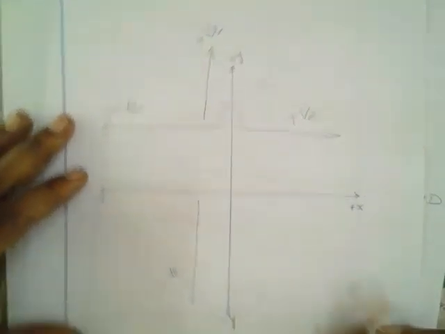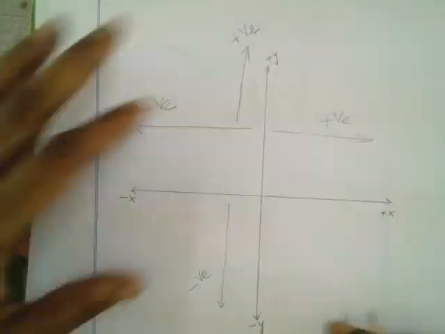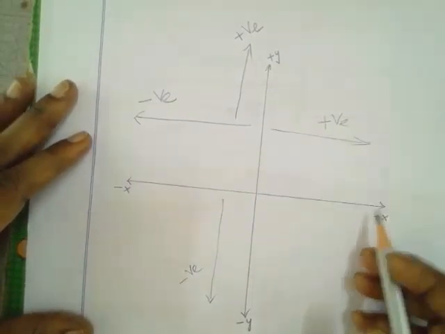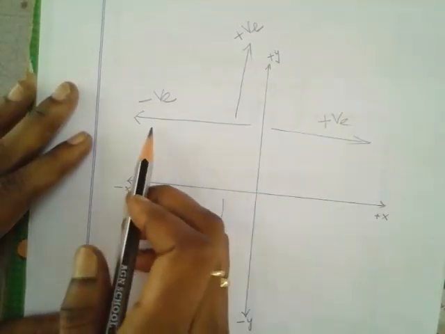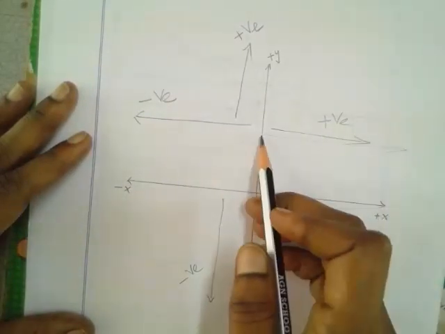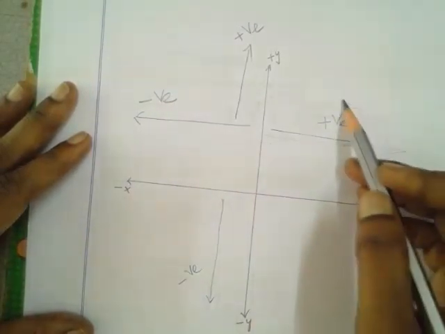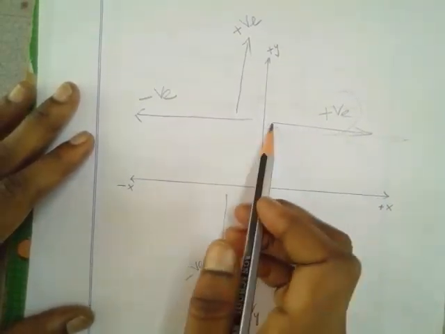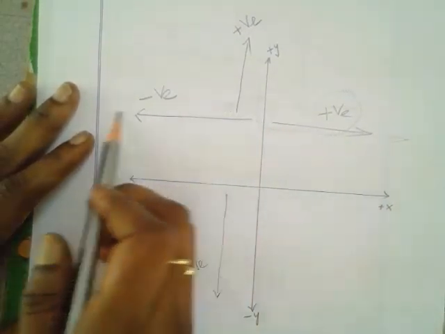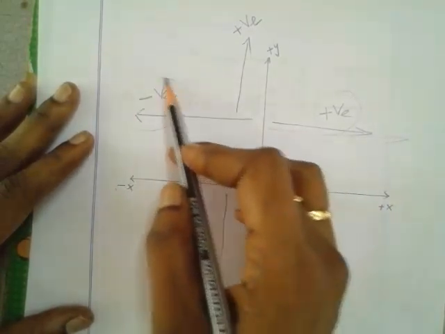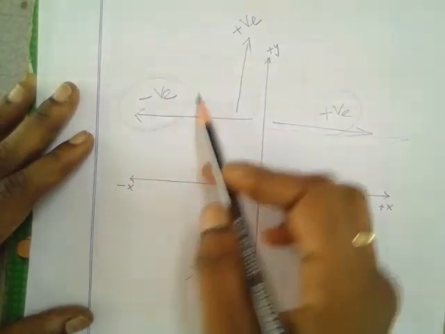One more time I will repeat. Initially we imagine Cartesian coordinates, with the direction of the incident ray along the plus x. That is why the measurement along plus x means all the values will be positive. The measurement against or opposite to the direction of plus x, that is minus x, will be taken as negative.